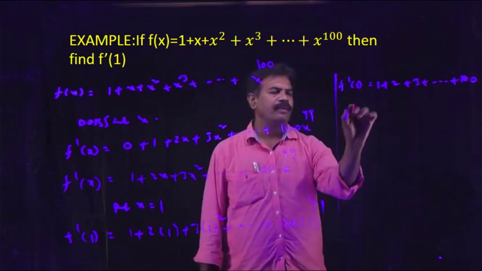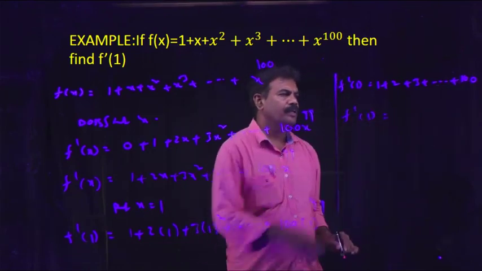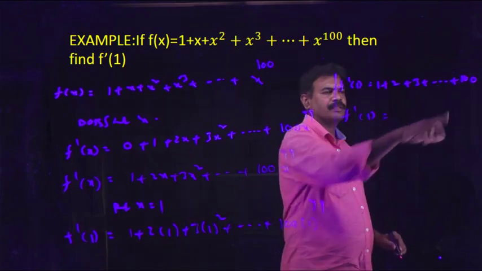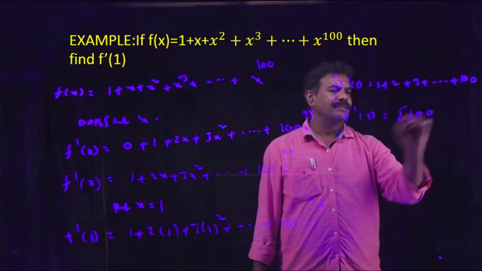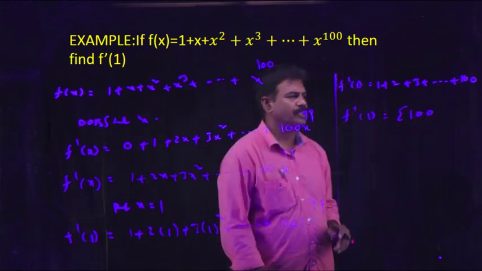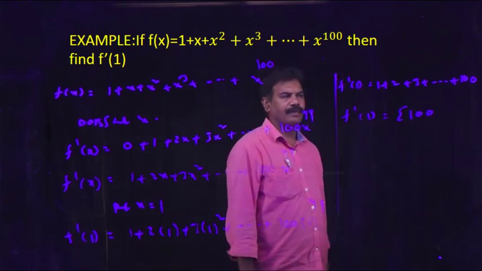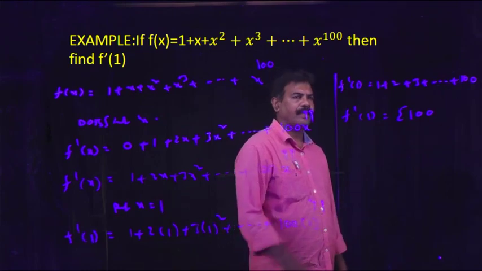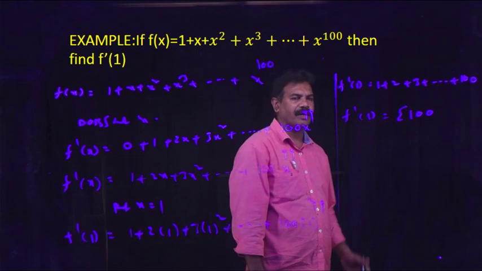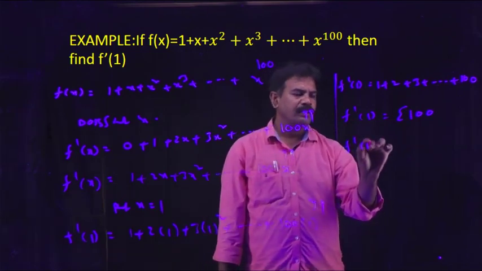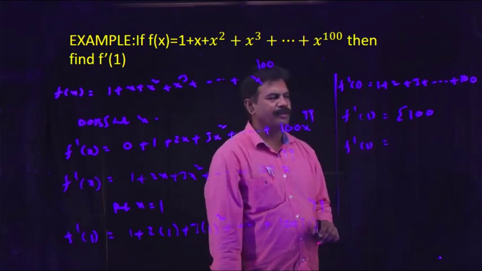So that is f dash of 1 is equal to, we know that in mathematical induction it is in the form of sigma n, 1 plus 2 plus 3 plus and so on n, that is equal to sigma n. Like that 1 plus 2 plus 3 plus and so on 100, that is sigma 100. We know that sigma n is equal to formula n into n plus 1 by 2.